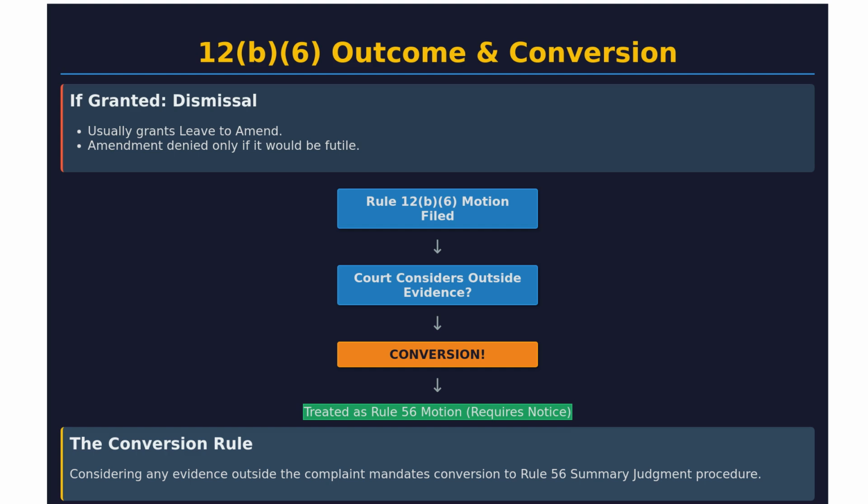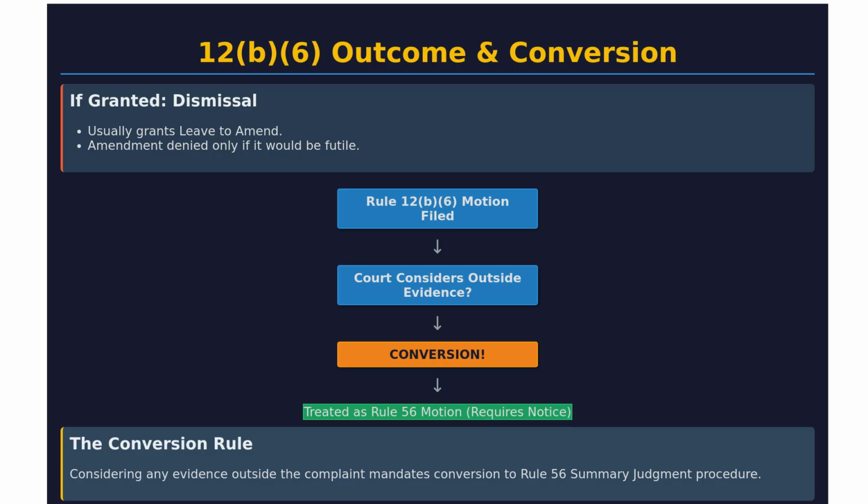However, we must address a critical procedural trap known as conversion. If the judge decides to look beyond the four corners of the complaint, perhaps considering an affidavit or deposition excerpt submitted by the defendant, the motion is automatically converted. When this conversion occurs, the proceeding transforms entirely into a motion for summary judgment under Rule 56.